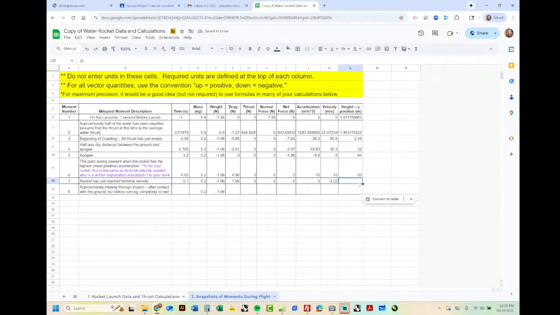And the height at which it reached terminal velocity is just going to be a little bit lower than when the parachute is opening up. So I'm going to call it, well, let me make it 46. And now I have to redo my numbers because it really makes sense for it to be, wait, what am I doing? It really makes sense for it to be a little bit less than this.